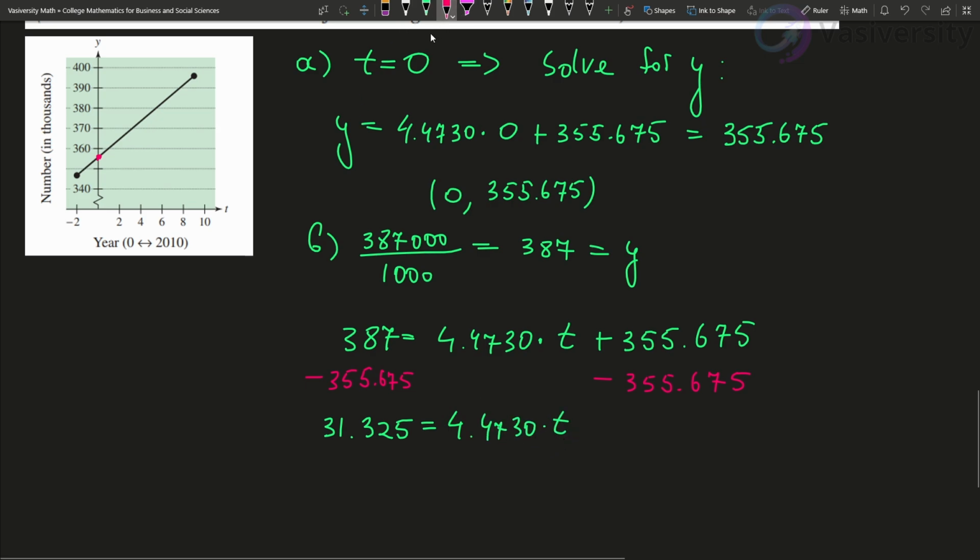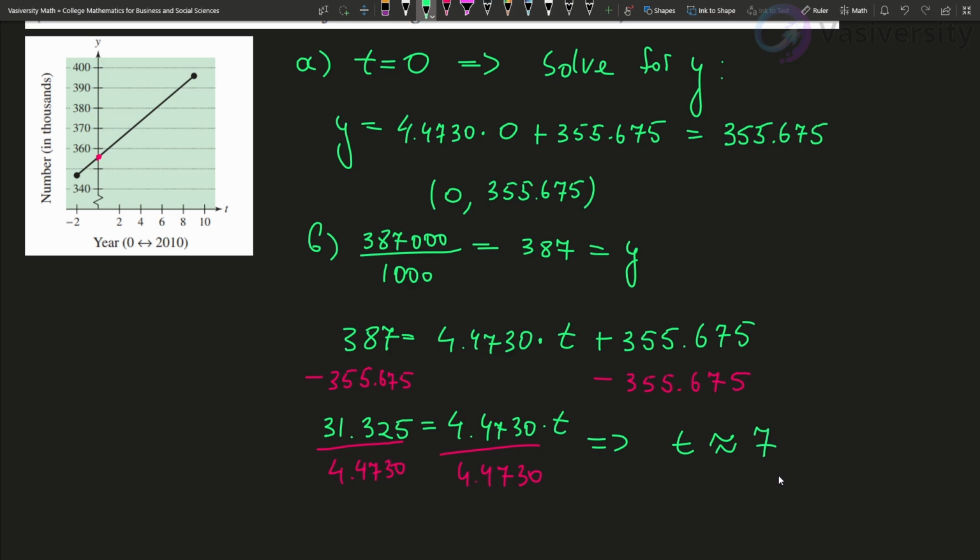The next thing is to divide both sides by 4.473 to get the t value. So t is equal to 31.325 divided by 4.473, which is approximately 7.